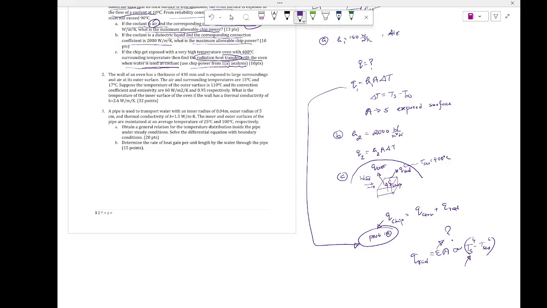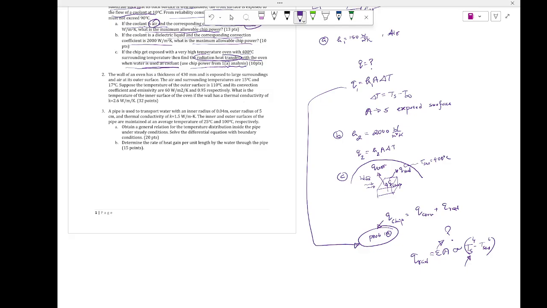You can assume something and solve it, but there's still a question mark. But there could be a way around it if the h value was not given. Does it make sense? The h value for the water. If that is not given, then maybe you can find it that way by doing the surface energy balance to find the convection. So there are several ways this problem can be posed.